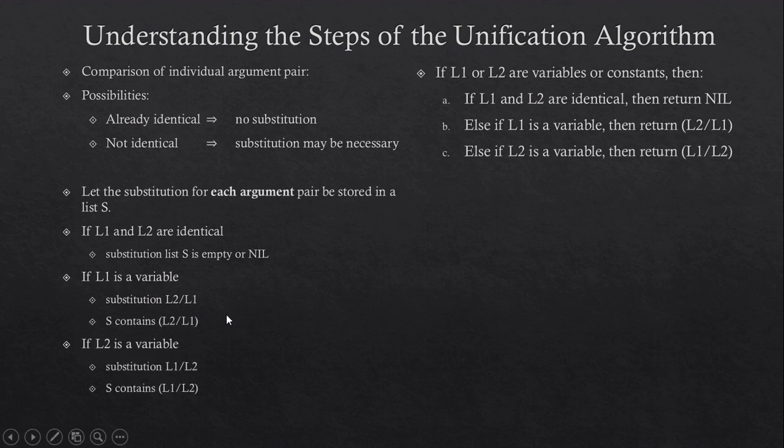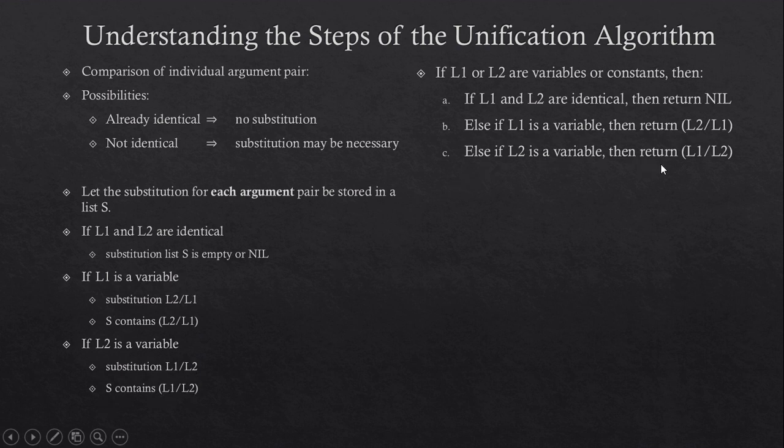If L1 is not a variable, it means that it is a constant. So then we need to go to the next step and check if L2 is a variable. If L2 is a variable, then the substitution has to be L1 for L2, because L1 now has to be a constant. If so, S will contain L1 for L2.